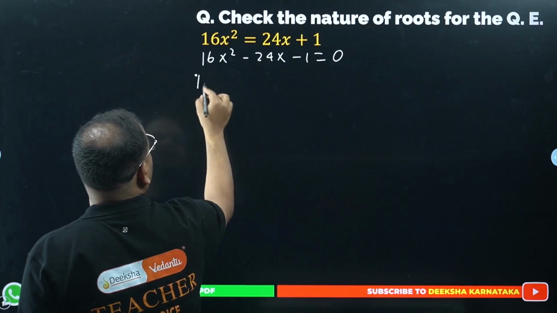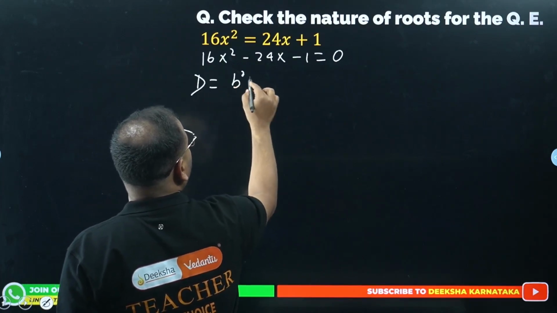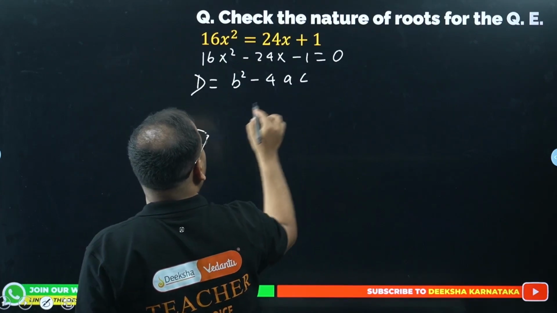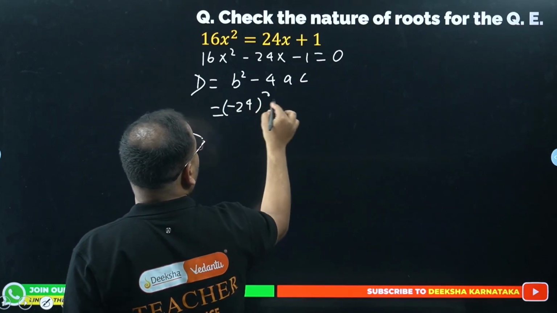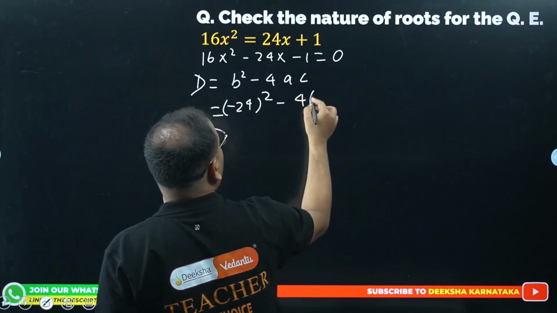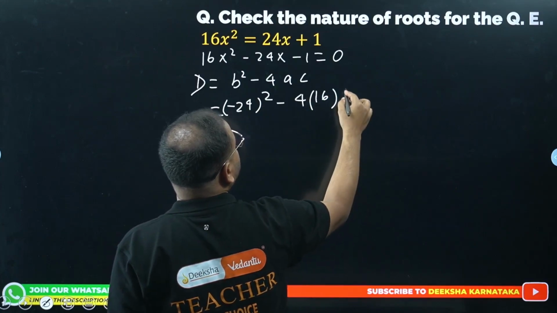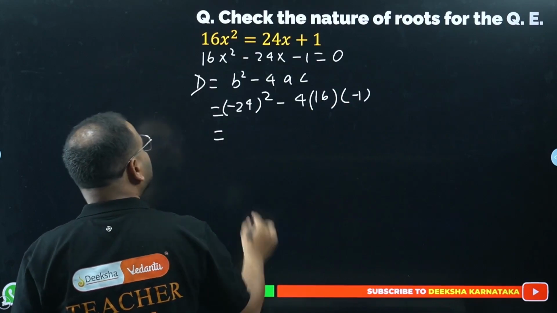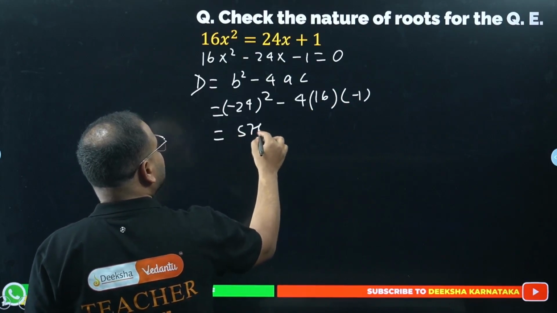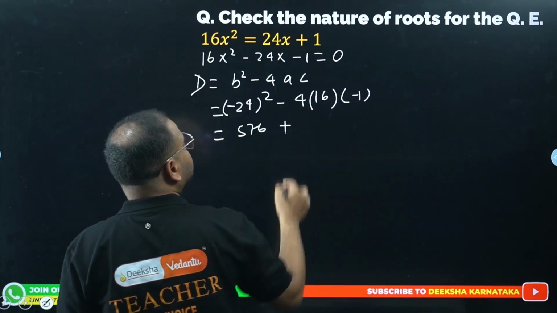My discriminant will be b square minus 4ac. What is b square? Minus 24, the whole square, minus 4 times a, which is 16, and c is minus 1. I get the square of 24 as 576.